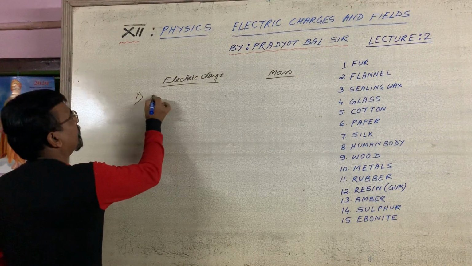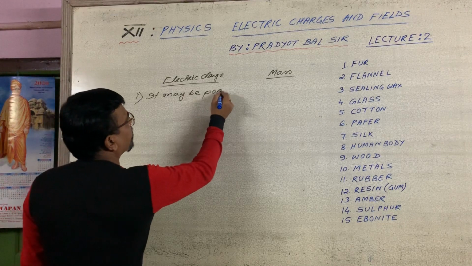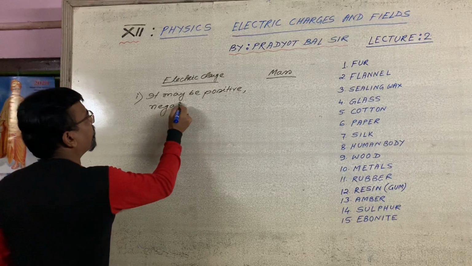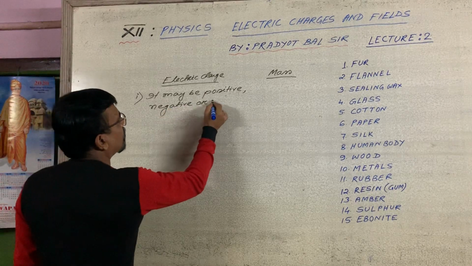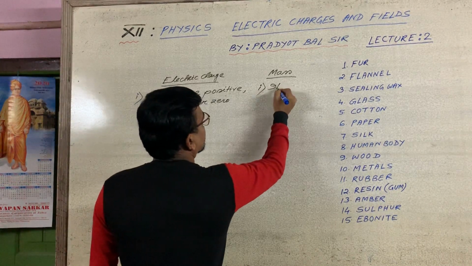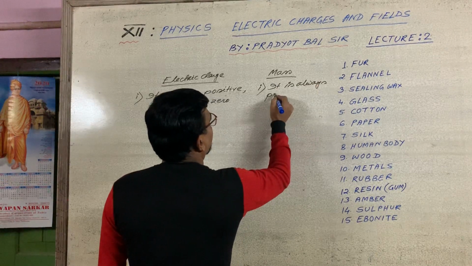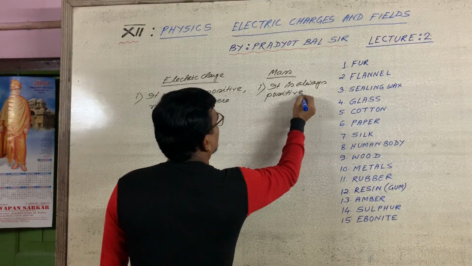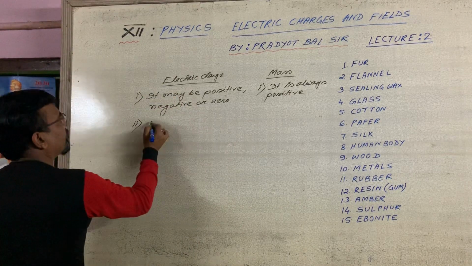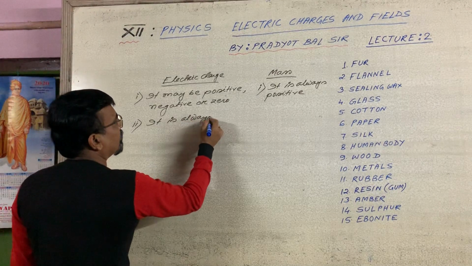Number 1, electric charge may be positive, negative or 0. Mass is always positive. Number 2, electric charge is always conserved.